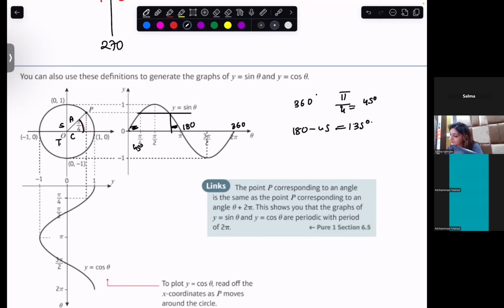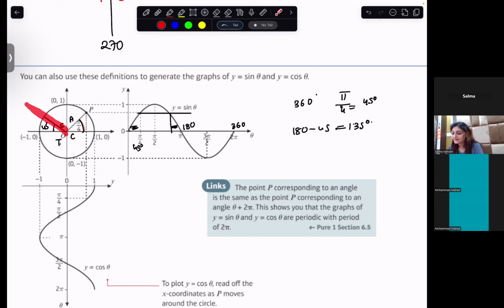Where will I put sine? Across the y-axis. This is 45. We already know sine 45. It's an angle from here to here. So I will do 180 minus 45.